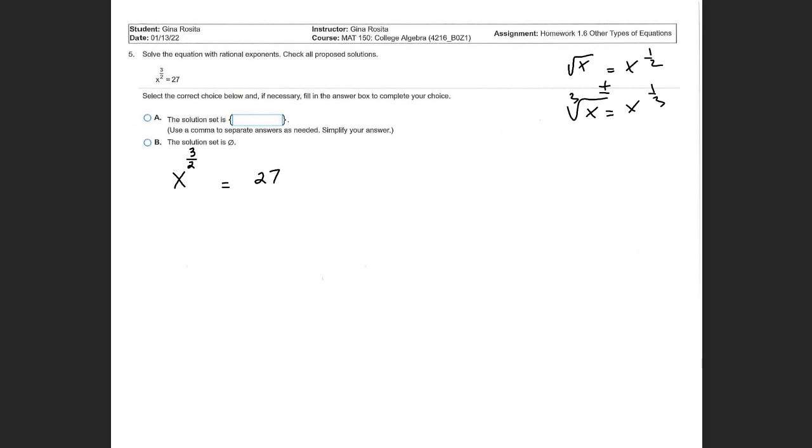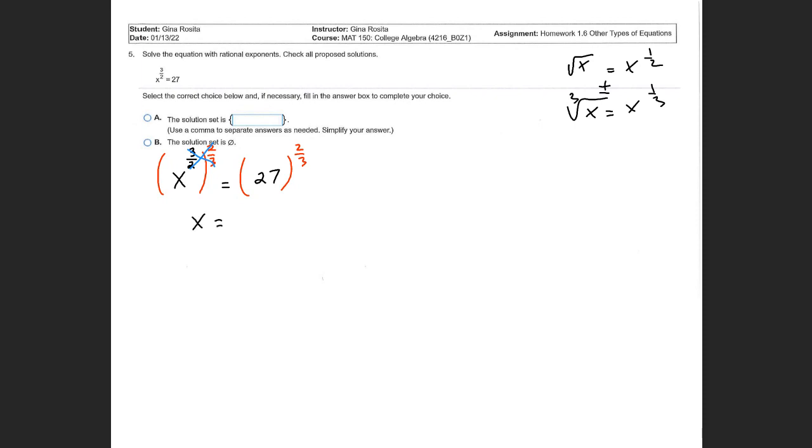So now both sides we multiply by the reciprocal, 2 over 3. They cancel each other, and our goal is to find x.